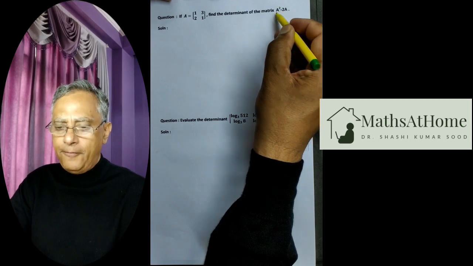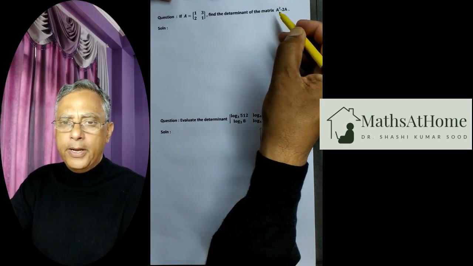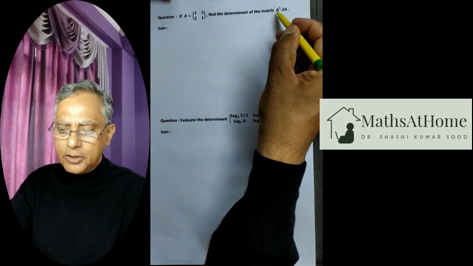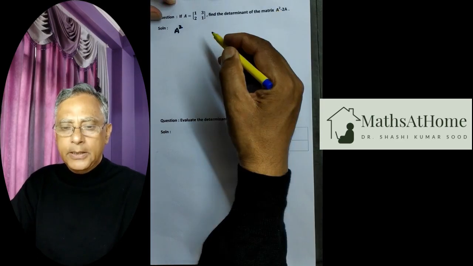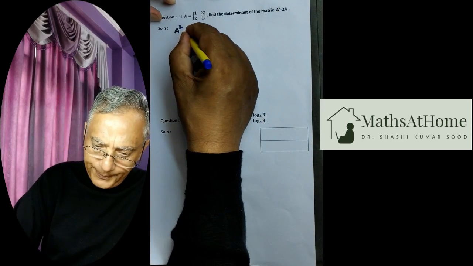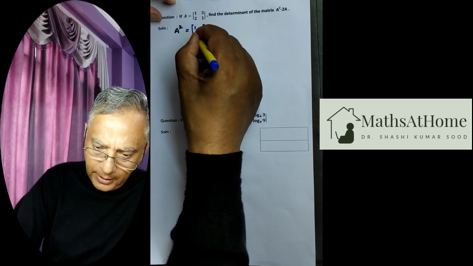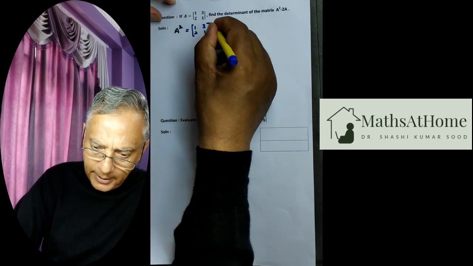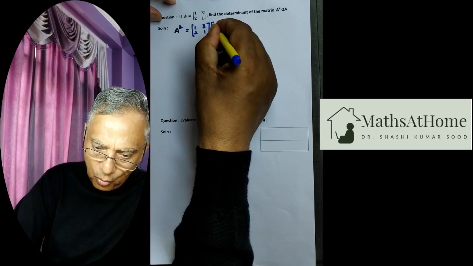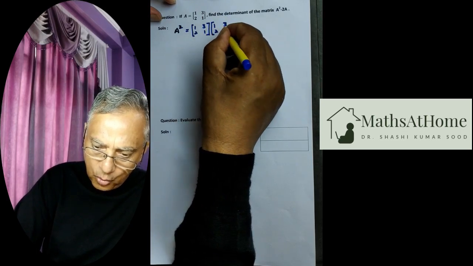So first of all we will find A square minus 2A. Now to find A square minus 2A, we will first find A square. So A square is equal to 1, 3, 2, 1 into 1, 3, 2, 1.